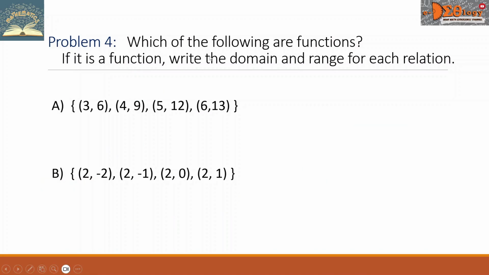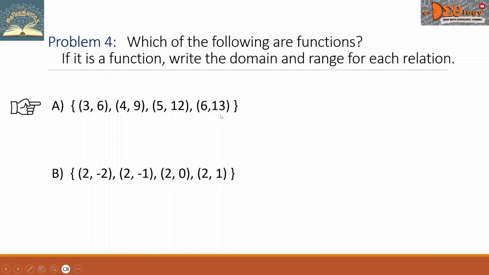Problem 4. Which of the following are functions? If it is a function, write the domain and range for each relation. Let's begin with relation A. The elements are (3, 6), (4, 9), (5, 12), and (6, 13).